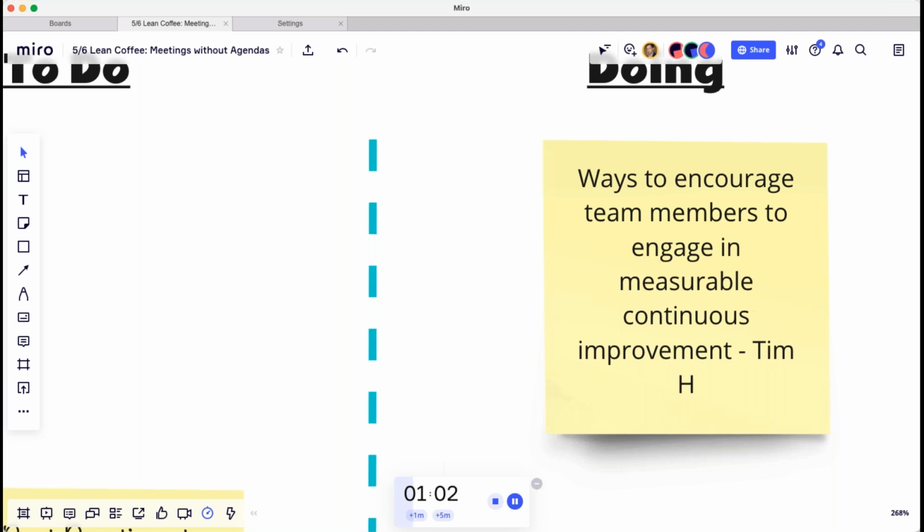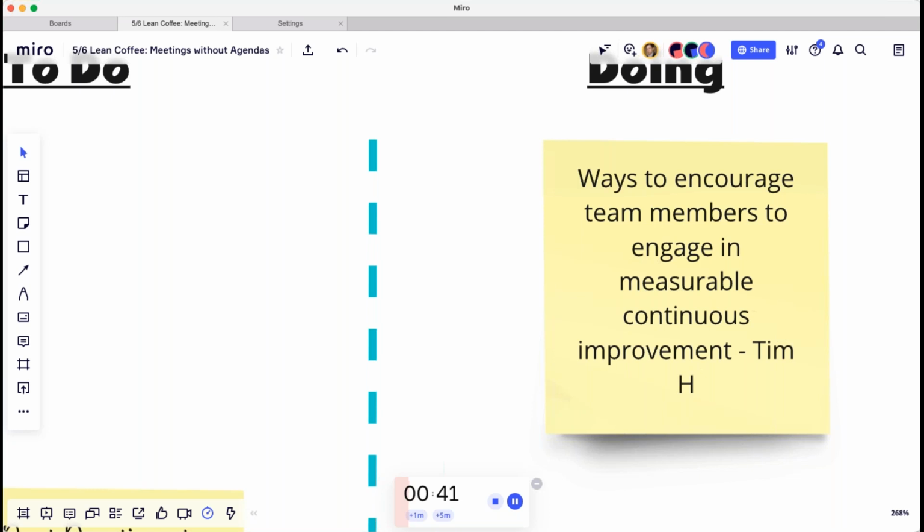Did anybody else have any thoughts on how to engage your team? On top of this, I want to throw out also, how do you, and I struggle with this one too, because I am a Scrum Master coach, sometimes I struggle with how to use the word measurable here. On some of these things, it's very difficult to measure progress.